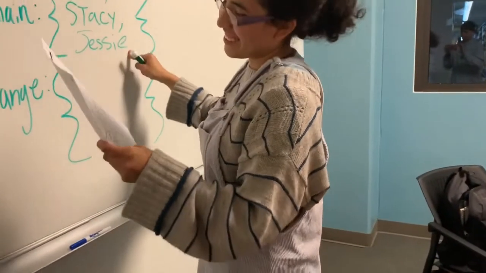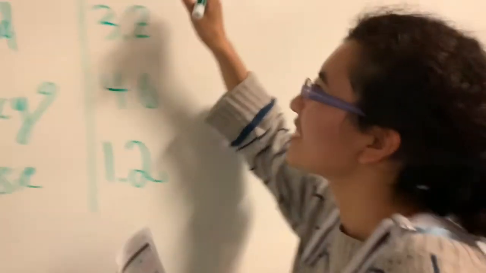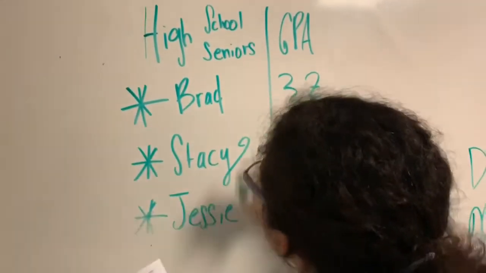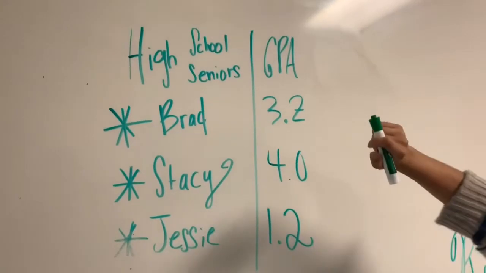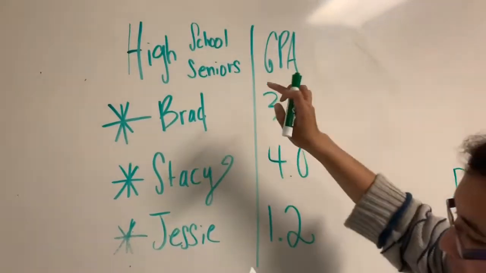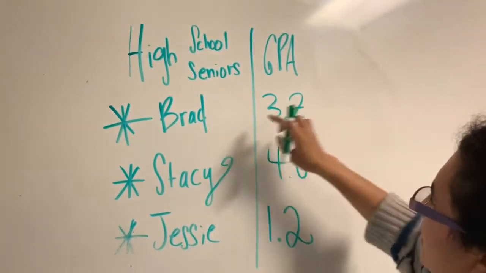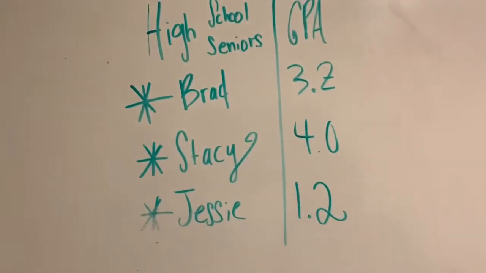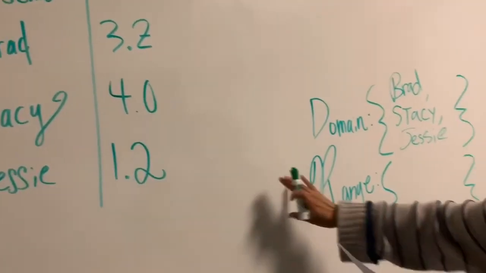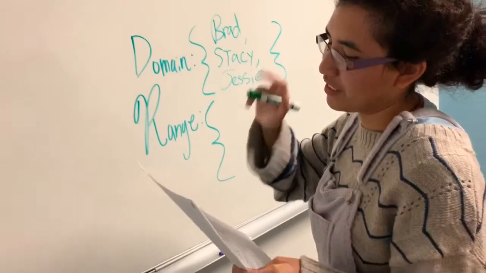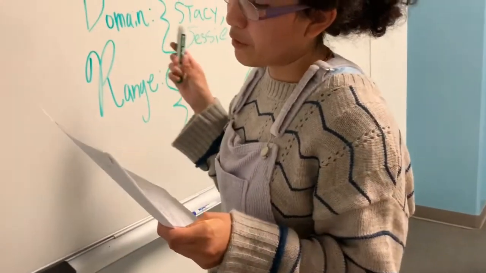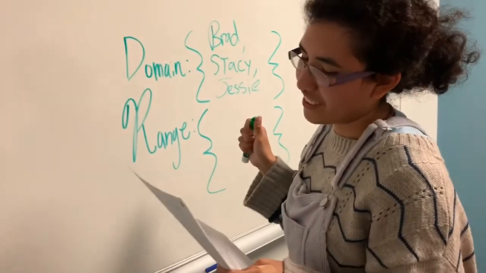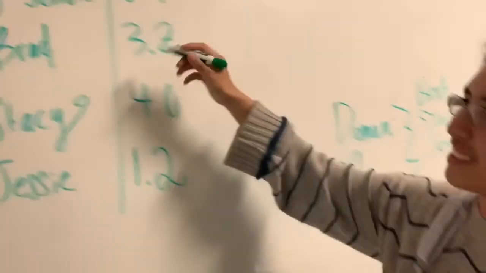Lead us off, Dwight. So Brett and Stacy and Jesse, these are the elements that correspond in this side, high school seniors. And as you can see, there's at least one element corresponding to each side from the GPA side. So to understand what range is, a function is a correspondence between two sets, where each element in the first set is related.